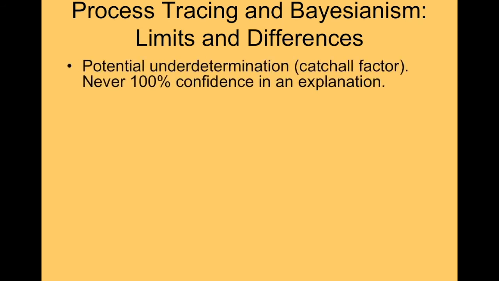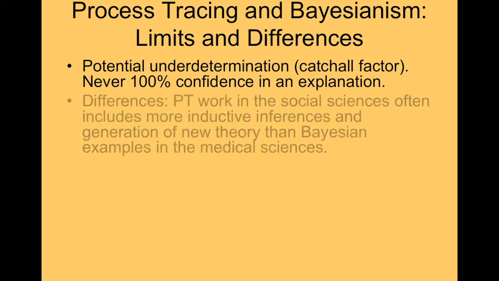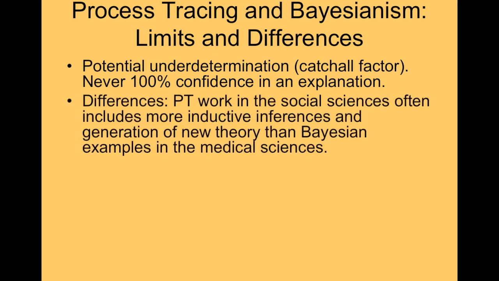As I said, between process tracing and Bayesianism, we should never be 100% confident because there might be some other explanation we've not thought of. Process tracing in the social sciences has more of a theory generating aspect to it than most discussions of Bayesianism. We may inductively see a piece of evidence and then come up with a new theory. You can still give a Bayesian reading of that.